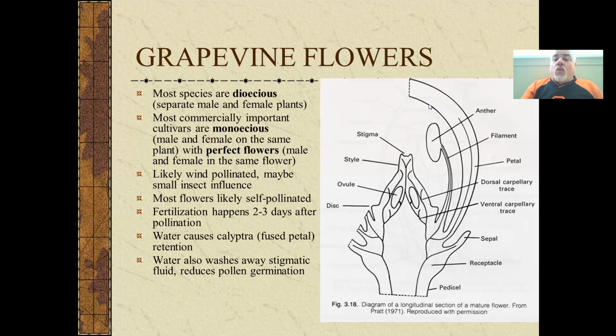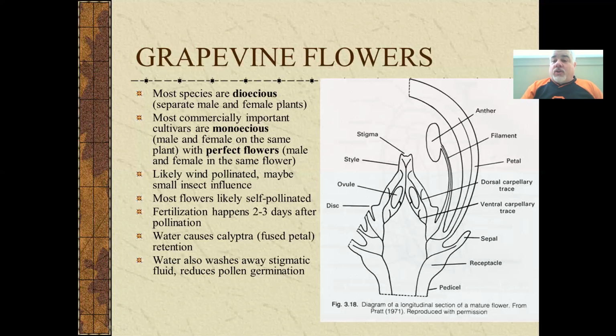So you don't want the calyptra to stick around. You want the calyptra or cap to fall, releasing all of this to the wind and the pollination to occur. And you want the pollen that gets on the stigma to have time to germinate the pollen tube and start growing and deliver those sperm cells.